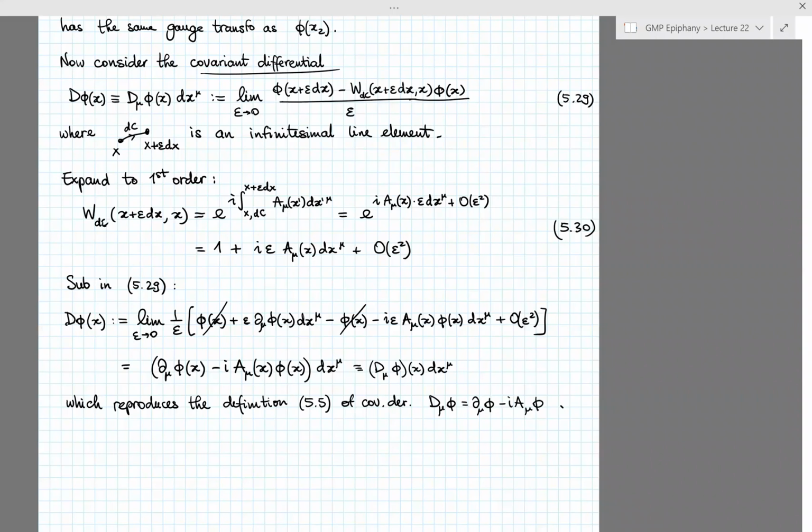So even in situations in which the field strength F mu nu, and therefore the electric and magnetic fields, are vanishing throughout all of the space that the quantum mechanical particle can probe, it turns out that if in this space there are some loops which are not contractible to a point, then you could have this phenomenon of quantum interference, which is the Aharonov-Bohm effect.